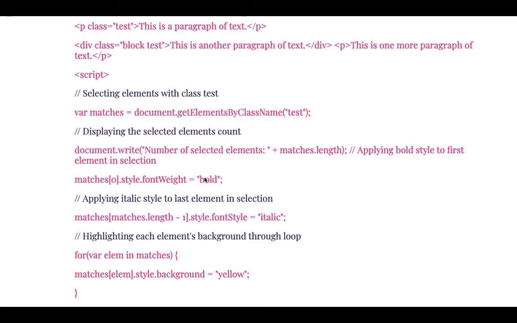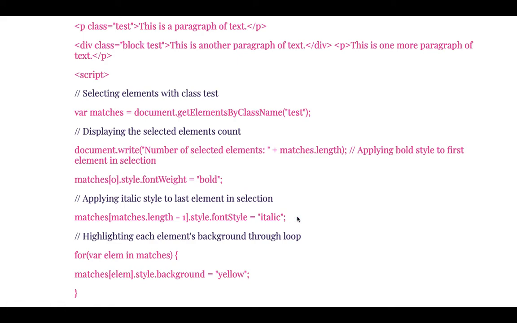I want to change the font weight of that element to bold. This one is saying the full length, which should be 2, minus 1. 2 minus 1 is 1. So look for the element at index 1 of this matches array and then change the font style to italic.